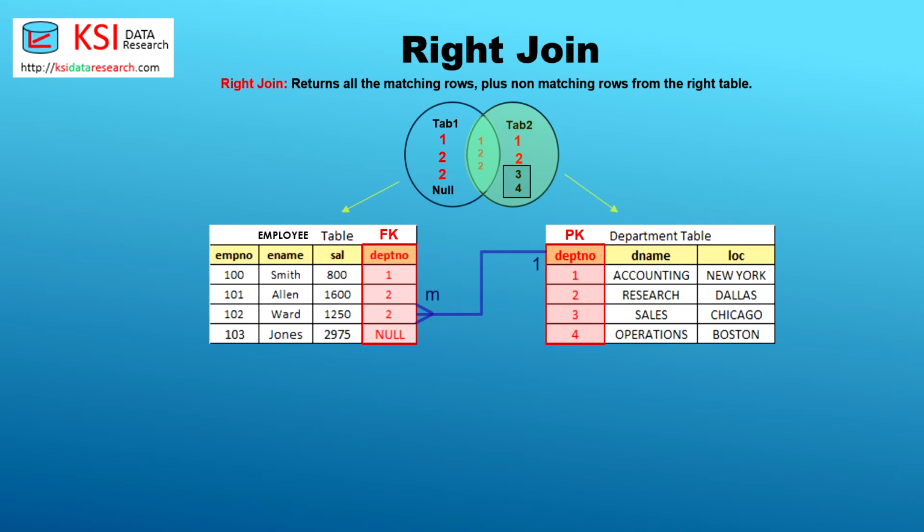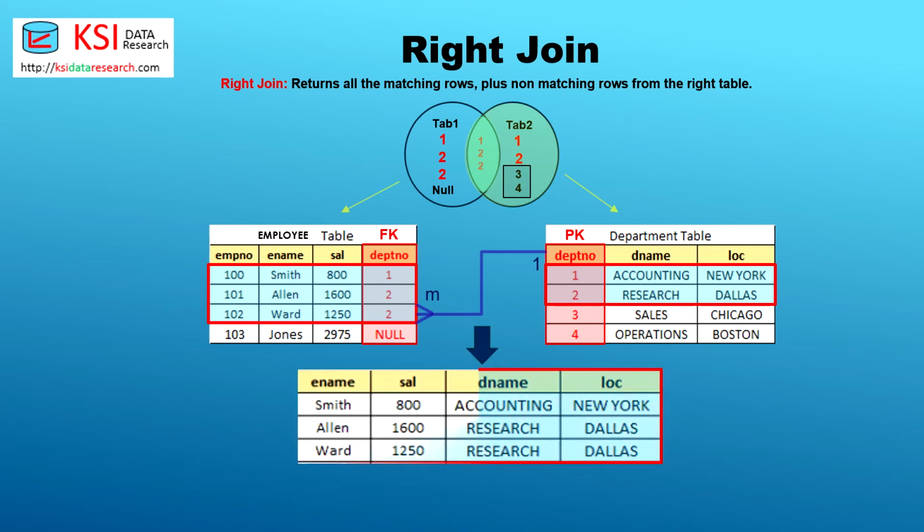Right join will combine all the matching rows from both tables, which are 1 and 2, and also return the non-matching rows from the right table, which are 3 and 4, which did not have any matching row in the employee table.